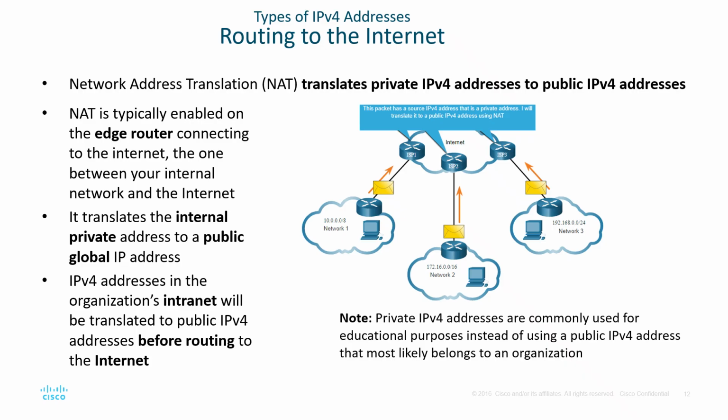So it is the one that lives between your internal network and the internet itself, or your ISP, which represents obviously your internet connection. It translates the internal private address to a public global IP address. The IP4 addresses in the organization's intranet will be translated to public IP4 addresses before being routed to the internet.